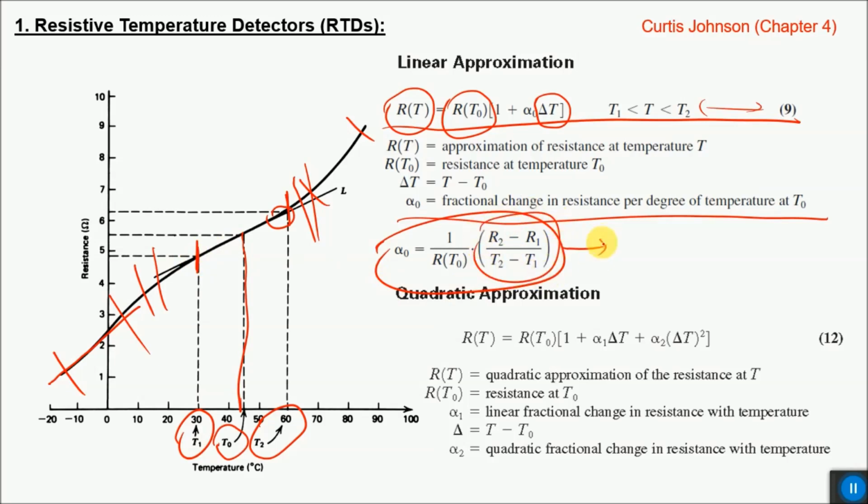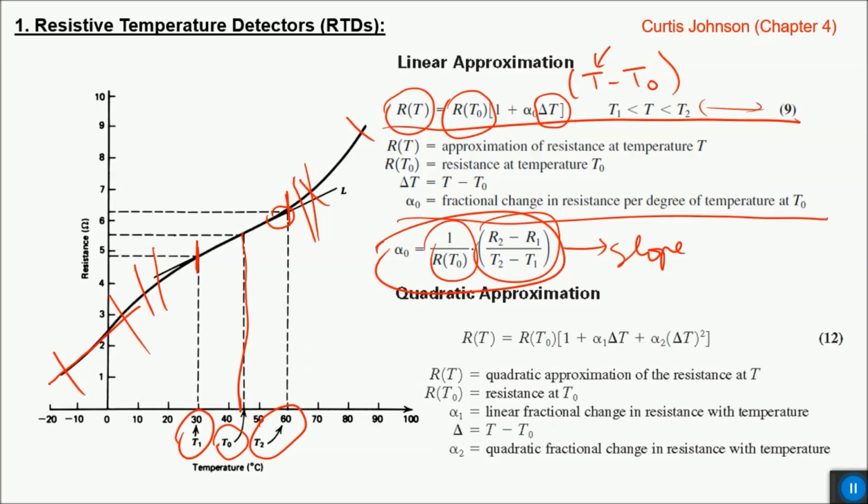So this is basically the slope, and this is 1 over RT naught, the inverse of the resistance at the middle of the range. And this delta T is T minus T naught. So T is your actual temperature that you want to measure, and T naught is the middle temperature.